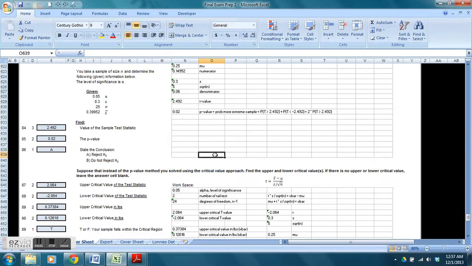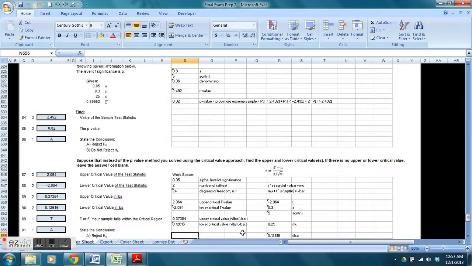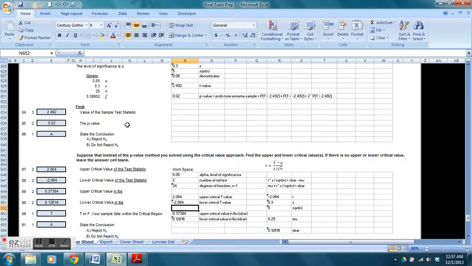If it's in the rejection region in terms of x bar, which is greater than 3.7384 or less than 1.2616, then you can also reject the hypothesis. In this case, x bar is roughly 0.40, and that is greater than this upper critical value, so you also know to reject the null hypothesis here.